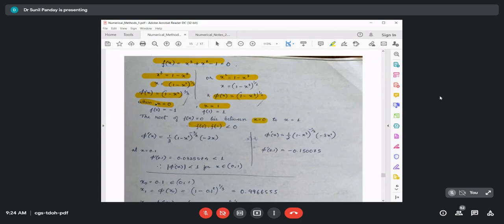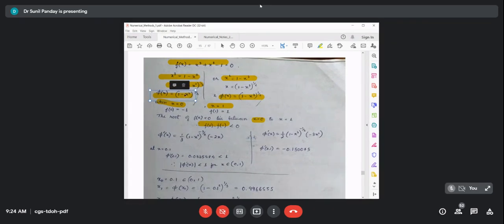Now we calculate the derivative of this function, because this is our phi x, so we have to check what the derivative value is. So this is the derivative value, and we can see that it is like 2 by 3, and x lies between 0 and 1. Taking the absolute value, this turns out to be less than 1.